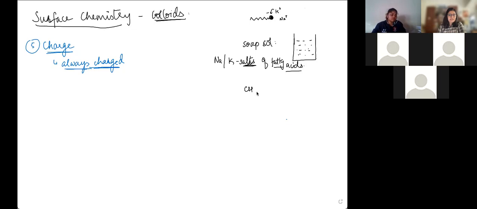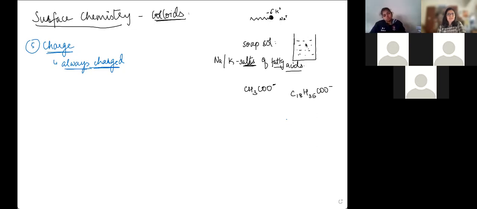For example, acetic acid is CH3COO minus. Similarly, in soap you have the same thing, but on the scale of C17H35COO minus. So here you have a negative charge.